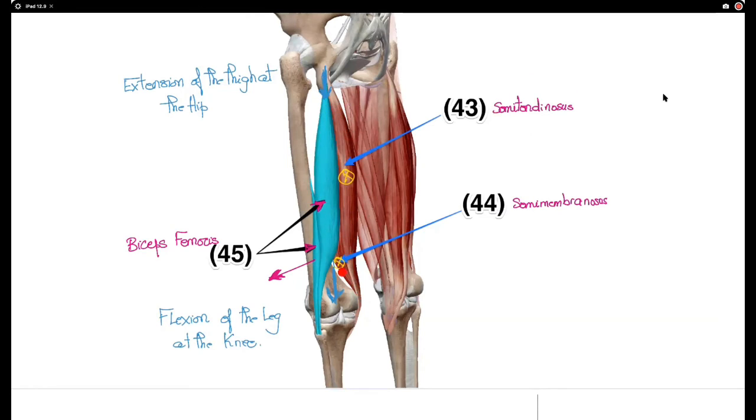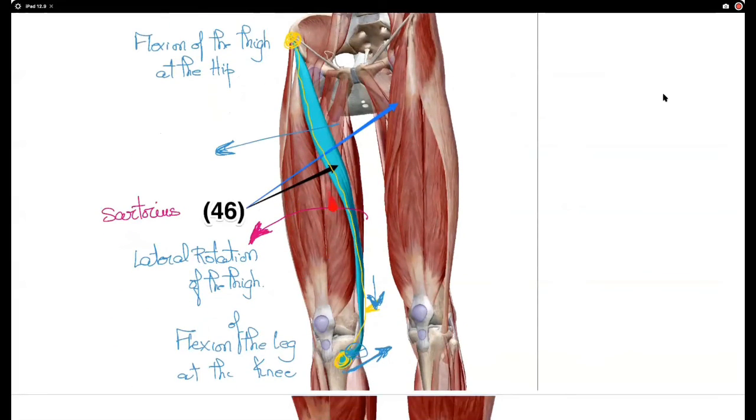Underneath the semitendinosus, we have a flattened muscle that looks like a membrane, so we call it semimembranosus. All the three muscles are here going to help with extension of the hip and flexion of the knee.